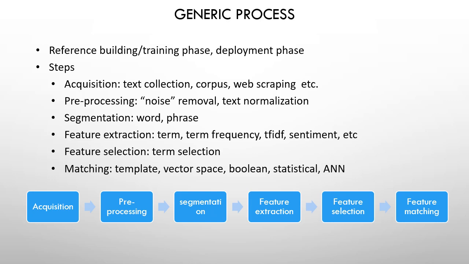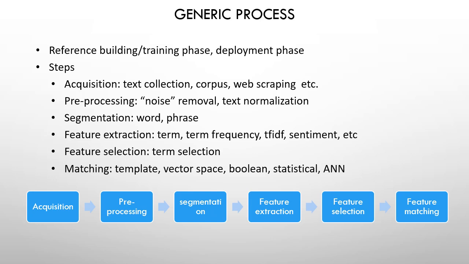Then we might want to normalize text, known as text normalization, such as when we have the number 17, we might want to convert it into the text "seventeen".